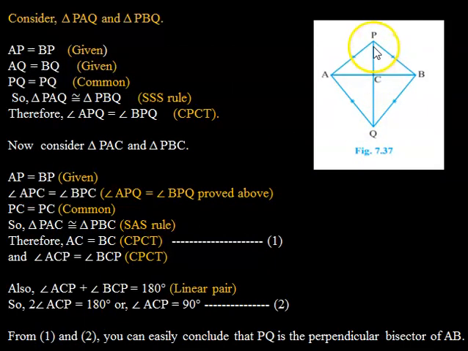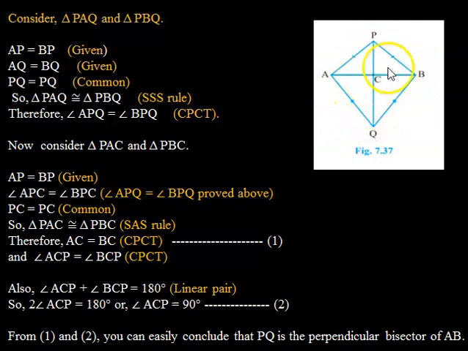To prove that, we are going to consider the triangles in two different ways. In the first way, we are considering the triangle PAQ and the triangle PBQ. What is given already? PA is equal to PB and QA is equal to QB.